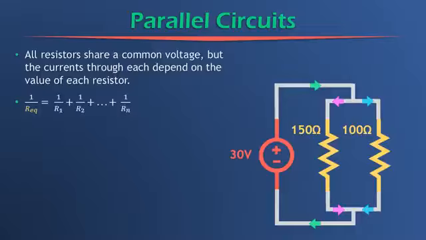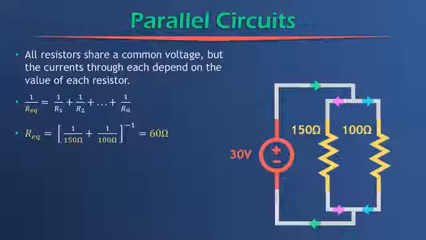So in this case, we find that the equivalent resistance that will replace this circuit block right here is equal to 1 over 150 plus 1 over 100, and then whatever answer you get there, you just flip it. So this arrangement of resistors can be replaced by a 60 ohm resistor. And so therefore we can find what that green current would be.